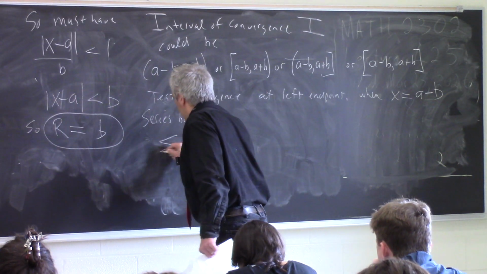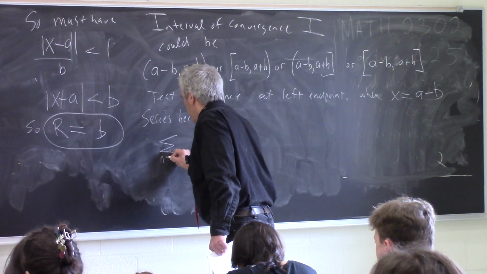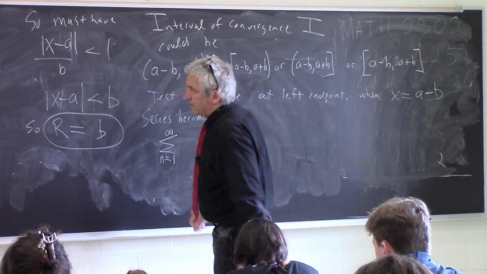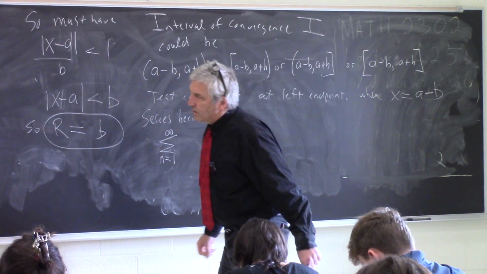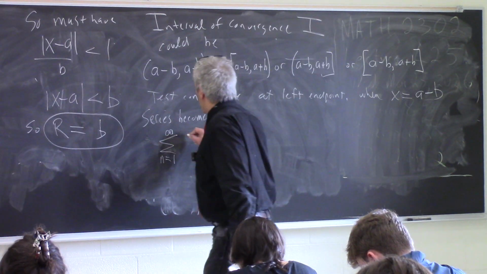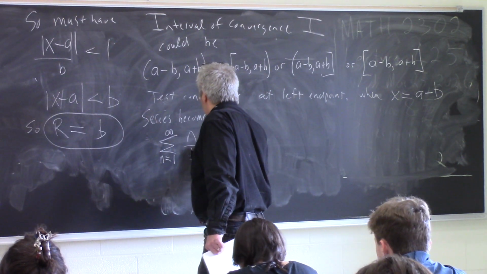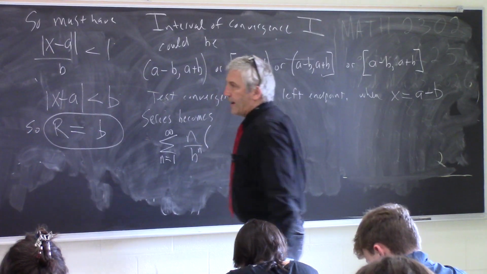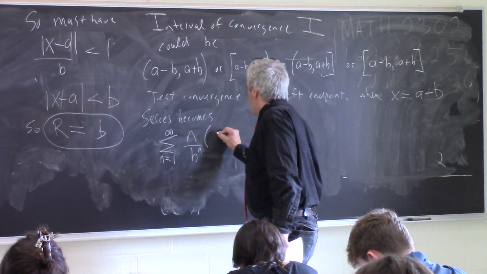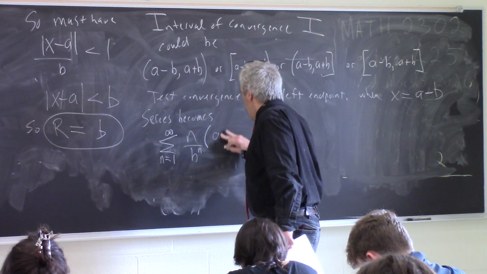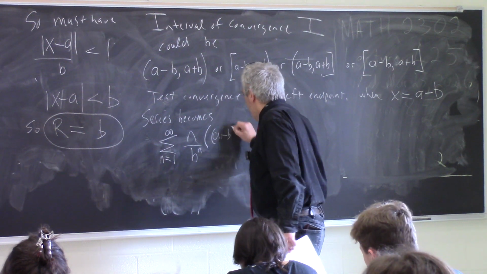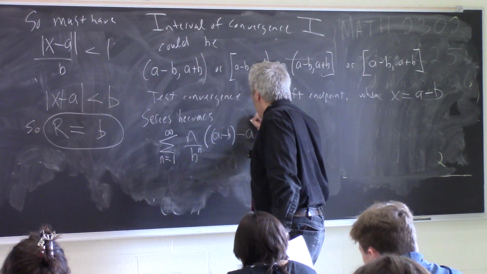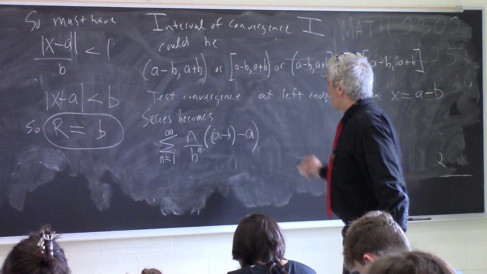The series was, remember, the sum from n equals 1 to infinity of n over b to the n. And on top, I've got x minus a. So that's going to be a minus b. That's the value of x minus a. And that's all raised to the n power.